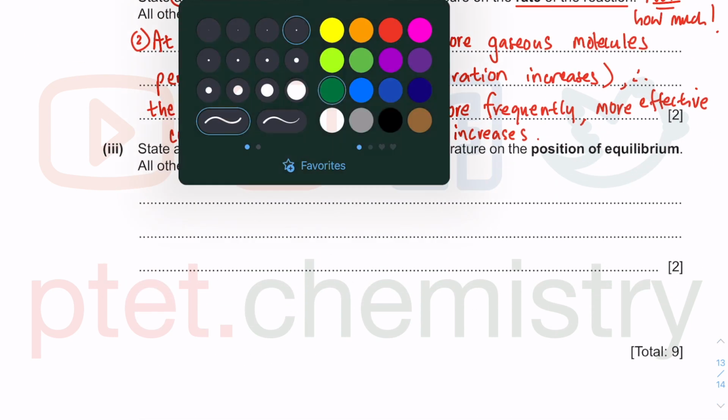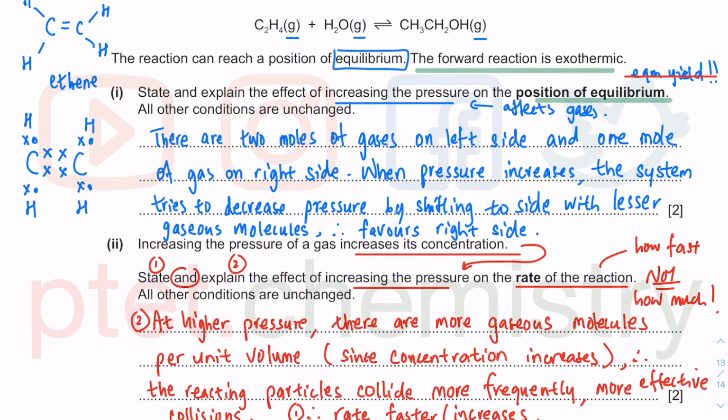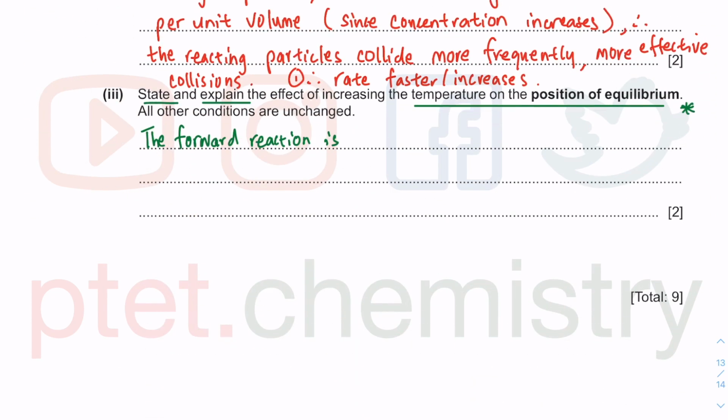Last but not least, we have state and explain the effect of increasing temperature on the position of the equilibrium. Again, this is Le Chatelier's principle. We always start off the essay on temperature and equilibrium position by stating what happens to the forward reaction enthalpy change. That was already given in the question. The forward reaction is exothermic, so the forward reaction releases heat to the surroundings.